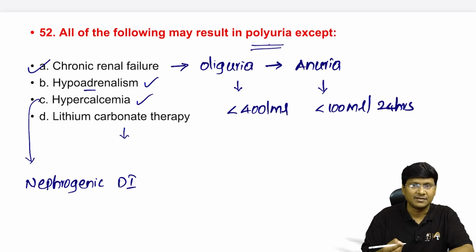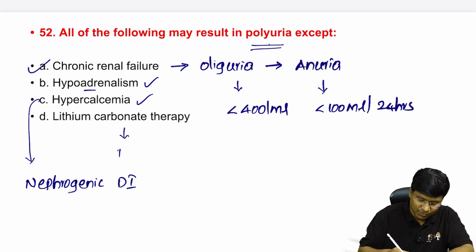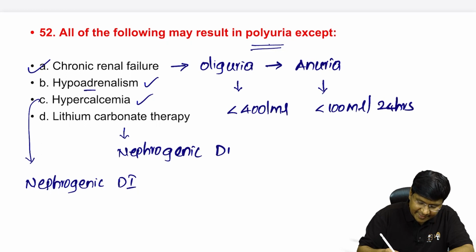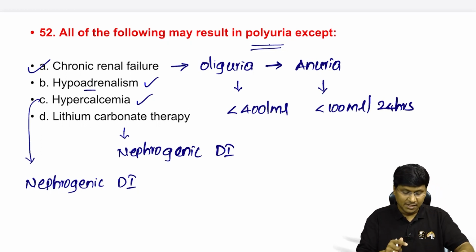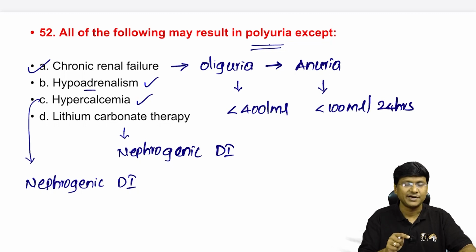And lithium carbonate therapy. Lithium intoxication is another important cause which makes the individual develop nephrogenic diabetes insipidus. So please remember, in case of options B, C, D you will have polyuria, but in chronic renal failure you will have oliguria or anuria. Next question.